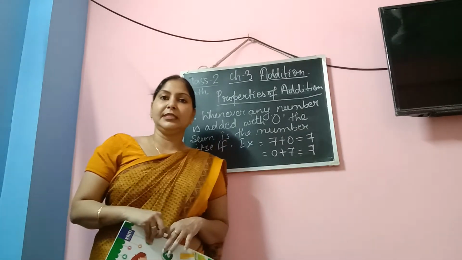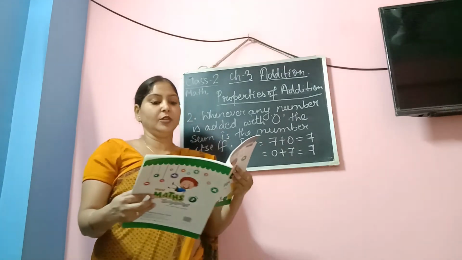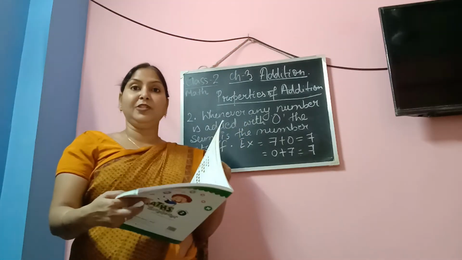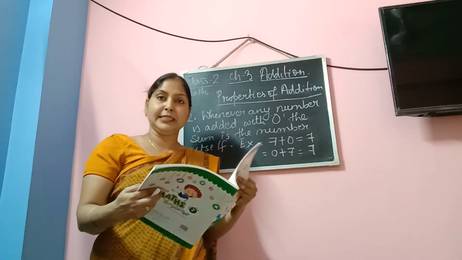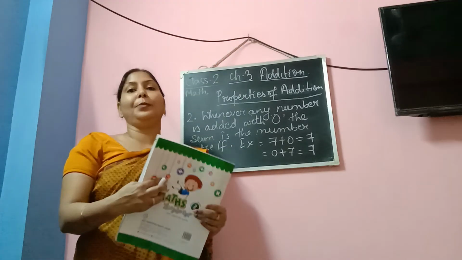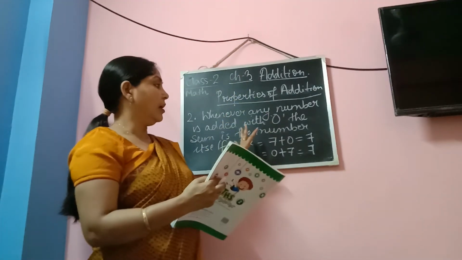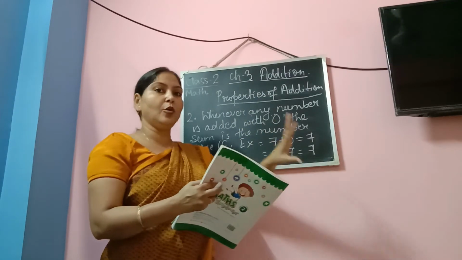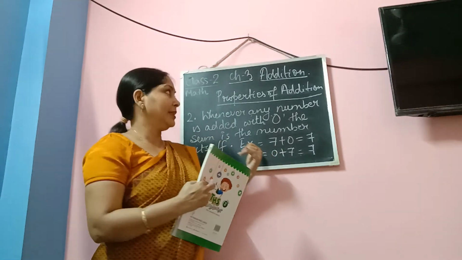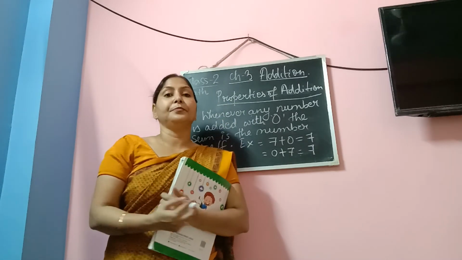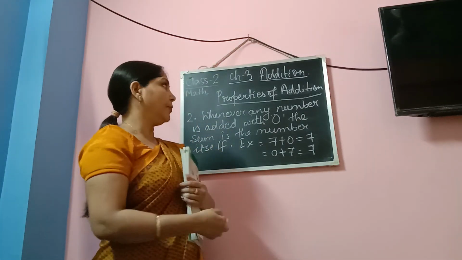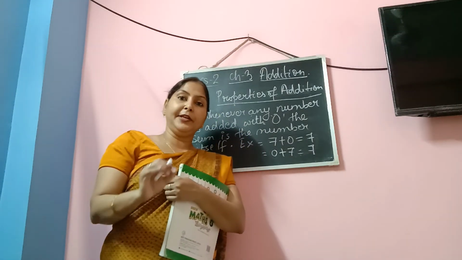Okay. So these are the two properties, and based on these two properties we have one exercise which is given on page number 43. You can do this exercise in your book and you will send these two pages along with the classwork. This also you will copy down in your copy. The previous topic that I explained, addition on the number line, that topic and this topic you are going to write in your copy.